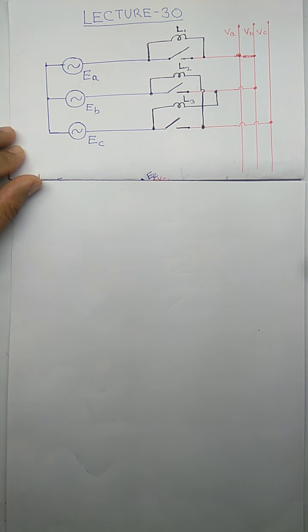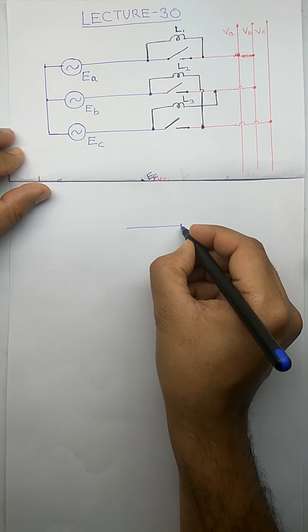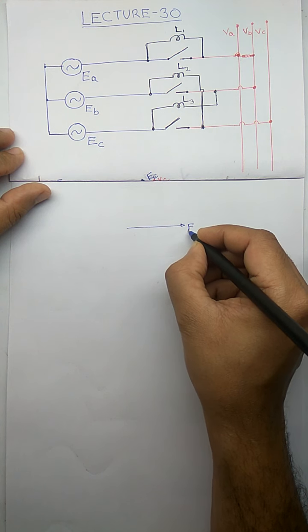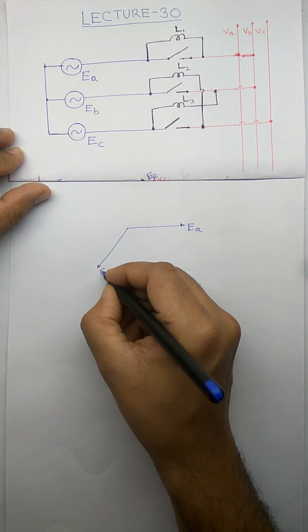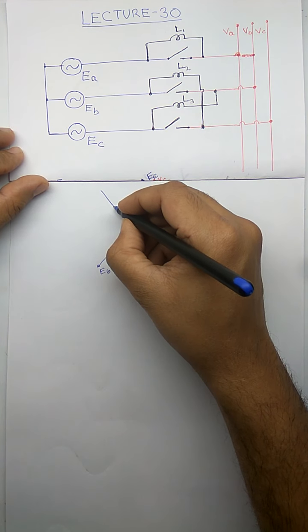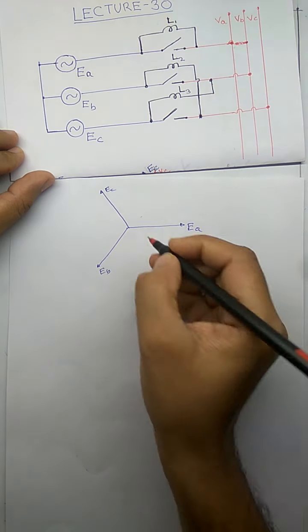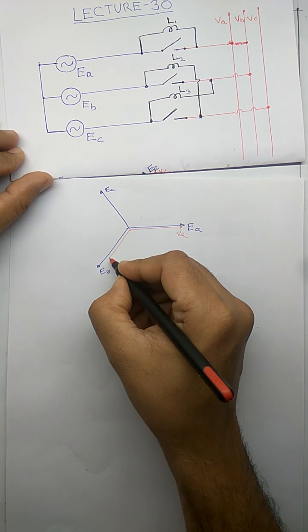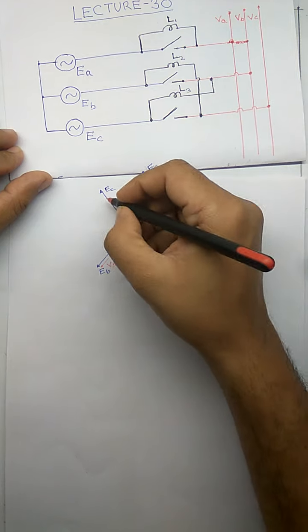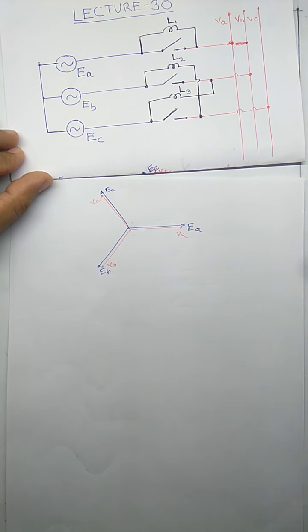Let's assume that at any instant of time the phasors of the grid voltage and the generator voltage are in the same phase. That is EA, EB, and EC, and VA, VB, and VC, they are in the same phase.